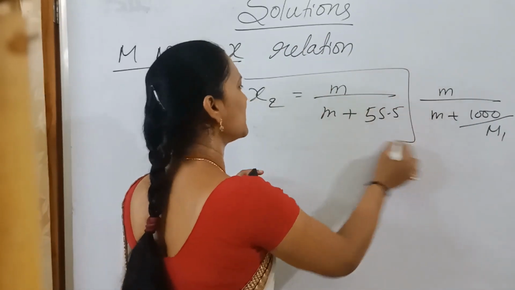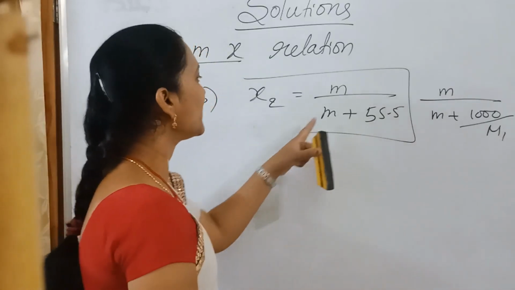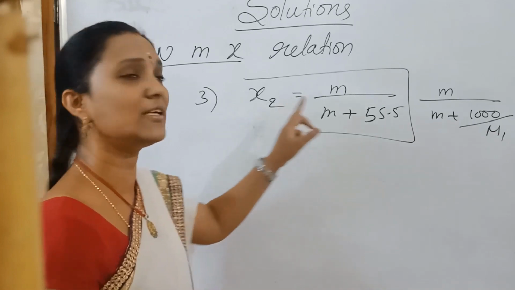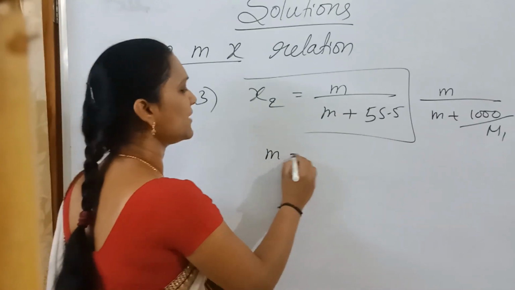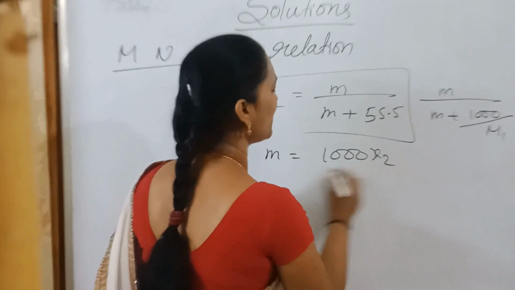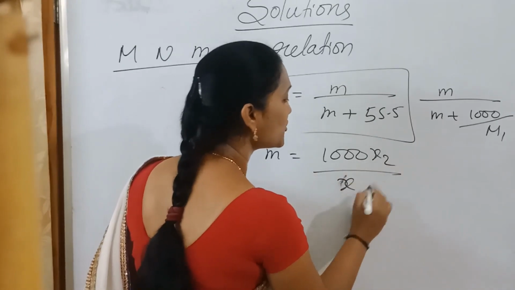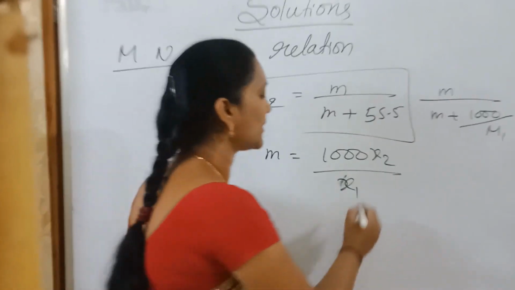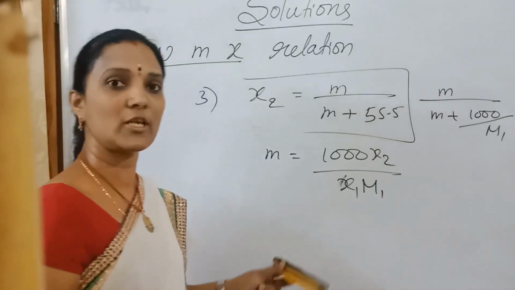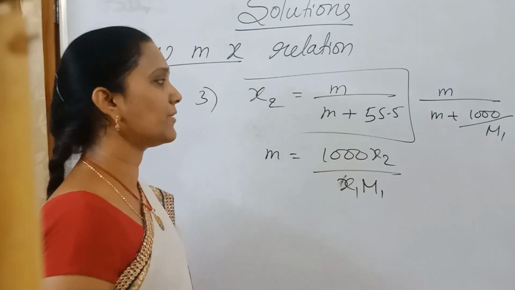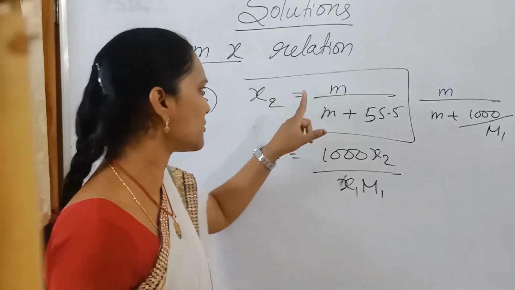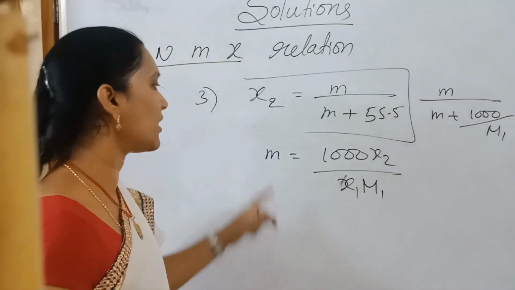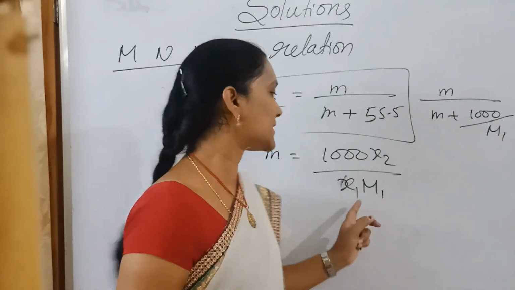But we are always using aqueous solutions, so we can use the direct formula. This is the relation between mole fraction and molality. Otherwise, when molality is given, m = 1000 x2 / (x1 M1), where x2 is the mole fraction of solute, x1 is the mole fraction of solvent, and M1 is the molecular mass of solvent. This formula we can use. Most problems are based on this formula: x2 = m / (m + 55.5), or m = 1000 x2 / (x1 M1).